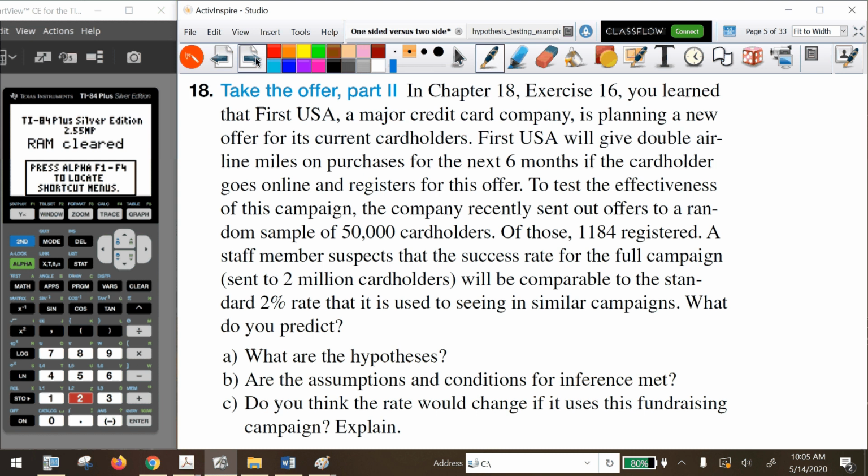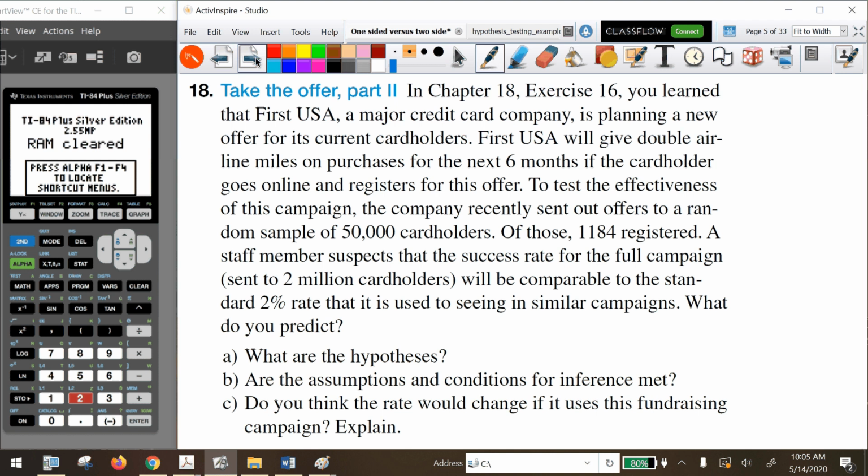In Chapter 18, Exercise 16, you learned that First USA, a major credit card company, is planning a new offer for its current card holders. First USA will give double airline miles on purchases for the next 6 months if the card holder goes online and registers for this offer. To test the effectiveness of this campaign, the company recently sent out offers to a random sample of 50,000 cardholders.